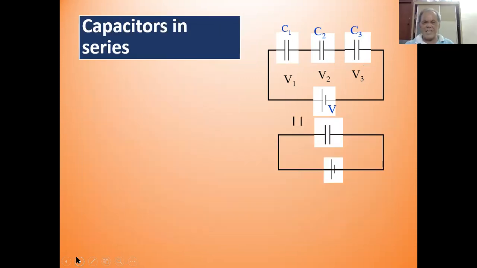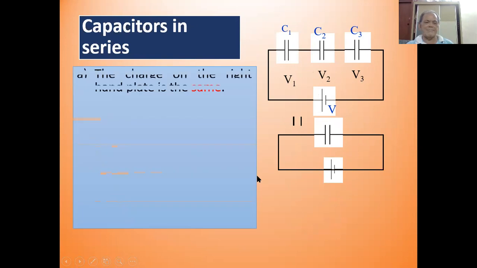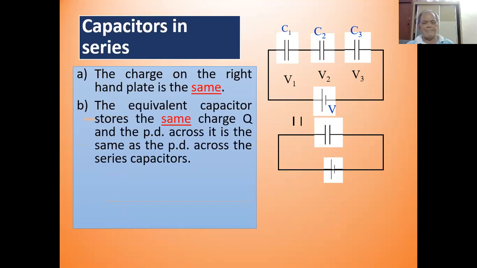So instead of having 3 capacitors, we want to work with 1, called the equivalent capacitor. And then we use the same battery. The charge on each of these plates is the same as the charge stored on this equivalent capacitor. The charge on the right hand plate is the same.